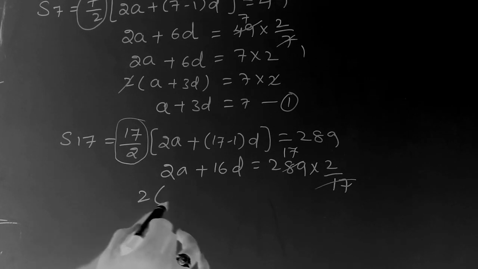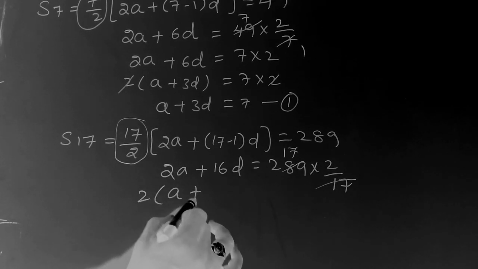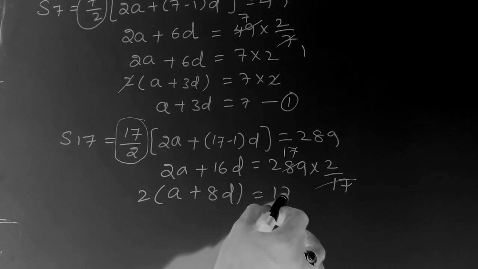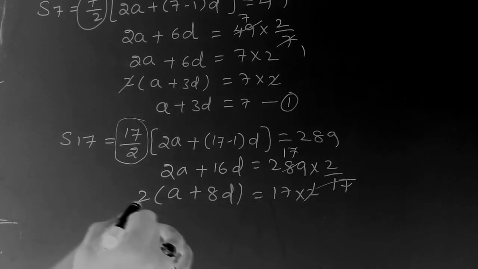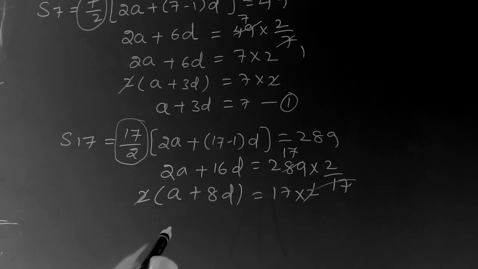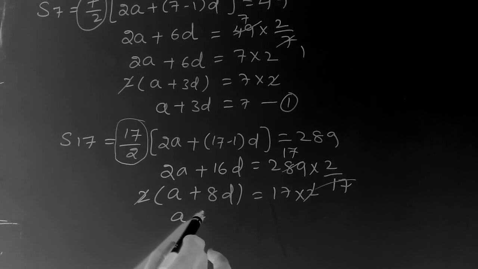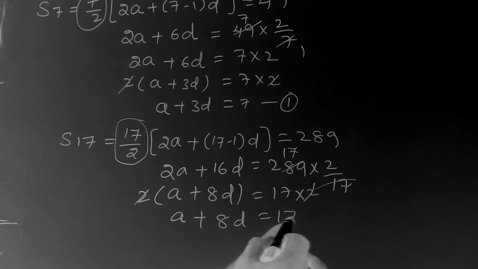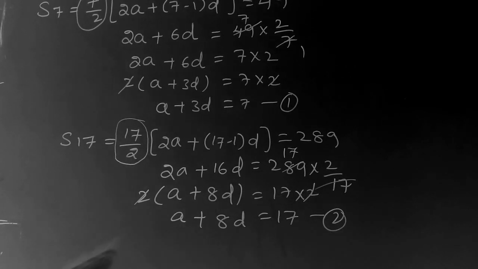Take 2 common: a plus 8d, and on the right 17 into 2, 2 gets cancelled. Finally what I am getting is a plus 8d is equal to 17. Let it be equation number 2.